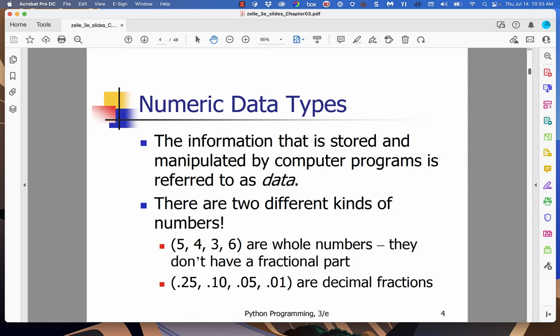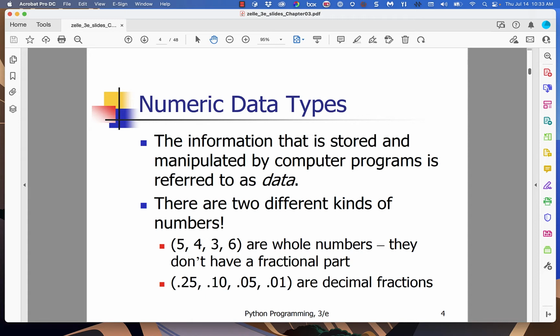Okay, so there are two different kinds of numbers that we're interested in. We have whole numbers like 5, 4, 3, and 6. They don't have a fractional part, and we have a data type for them.